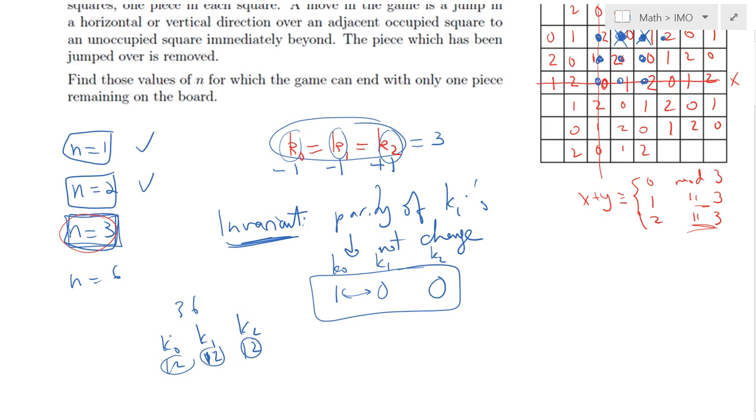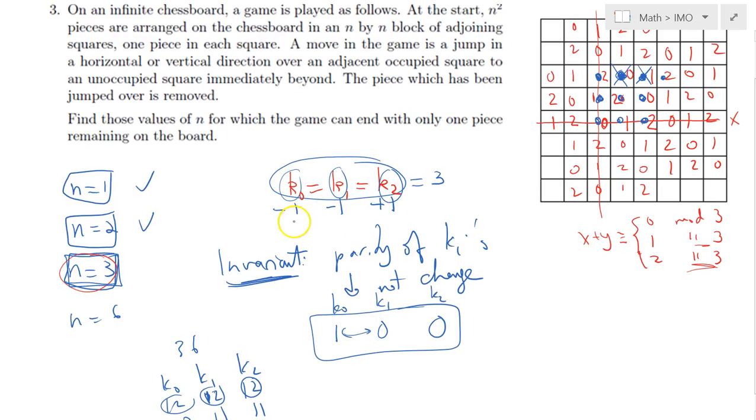So therefore parity is preserved. The new count would be 13, 11, 11, right? So you see what's going on. Or for instance here, this guy became 2, this one is 2, this one is 4, but the parity didn't change.